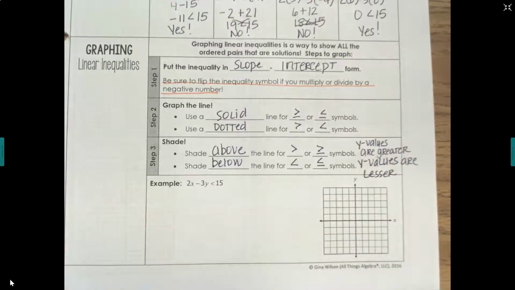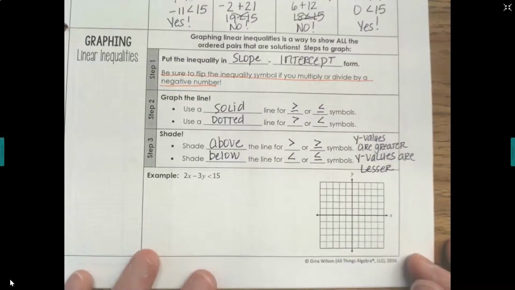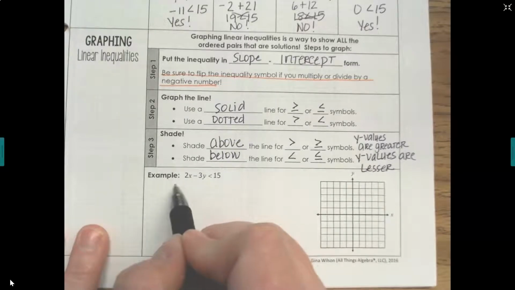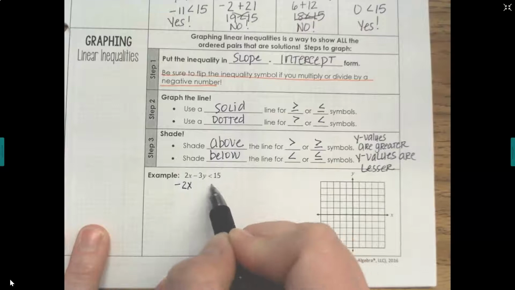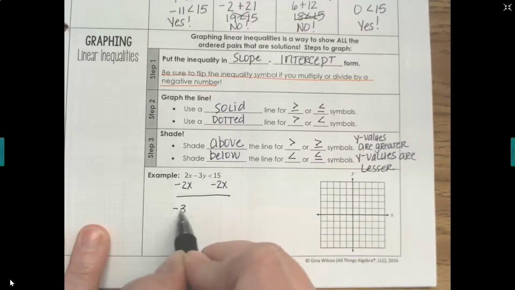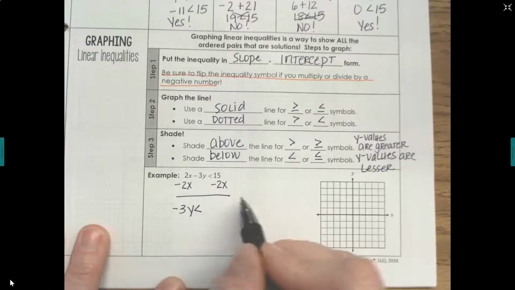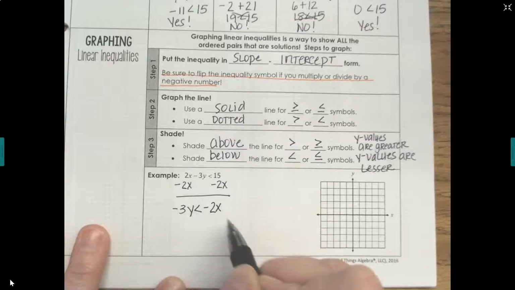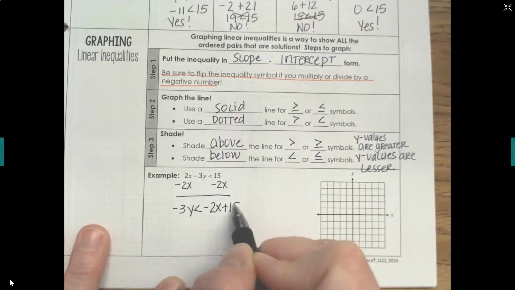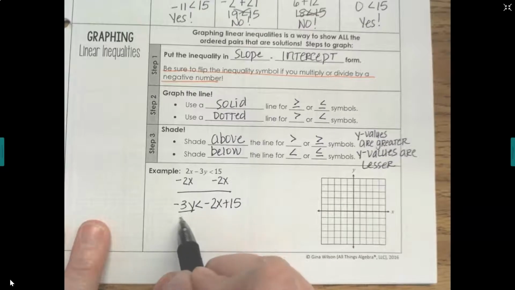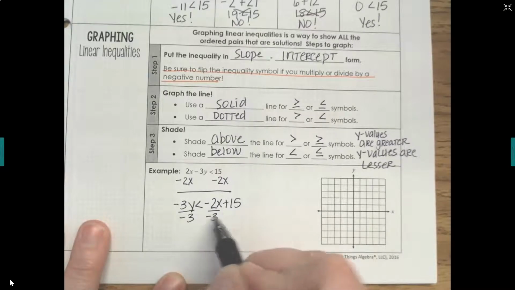Okay, so let's try one just to remind ourselves what to do. First, we need to be in slope-intercept form. So I'm going to move the x to the other side of the inequality. I have negative 3y is less than, remember this is slope-intercept form, so I'm going to put the x part first, negative 2x plus 15. I need to get y alone, so I'm going to divide everything by negative 3.